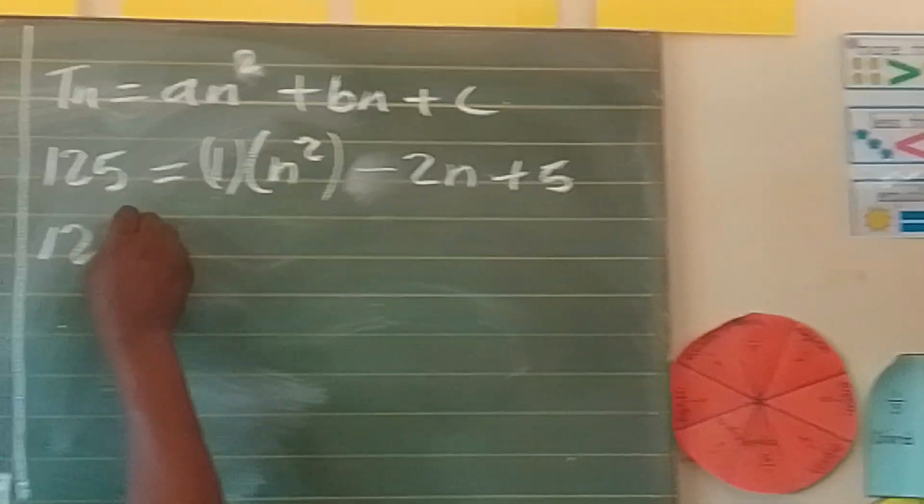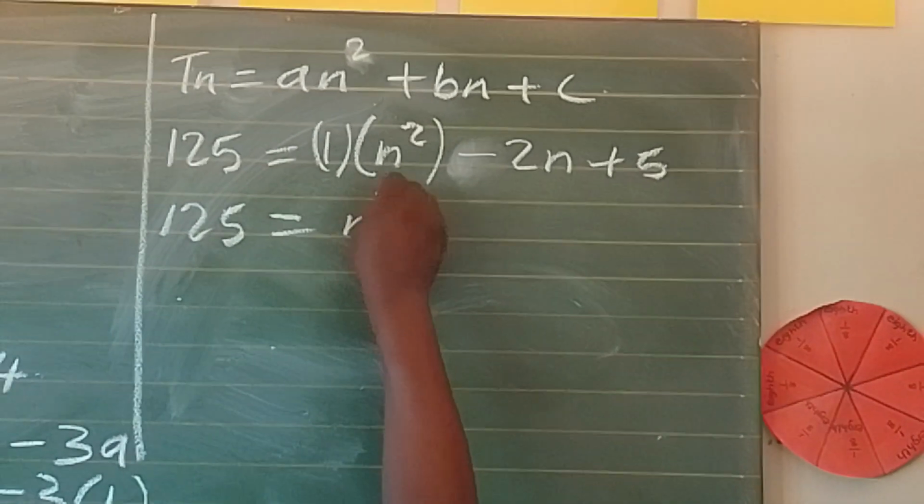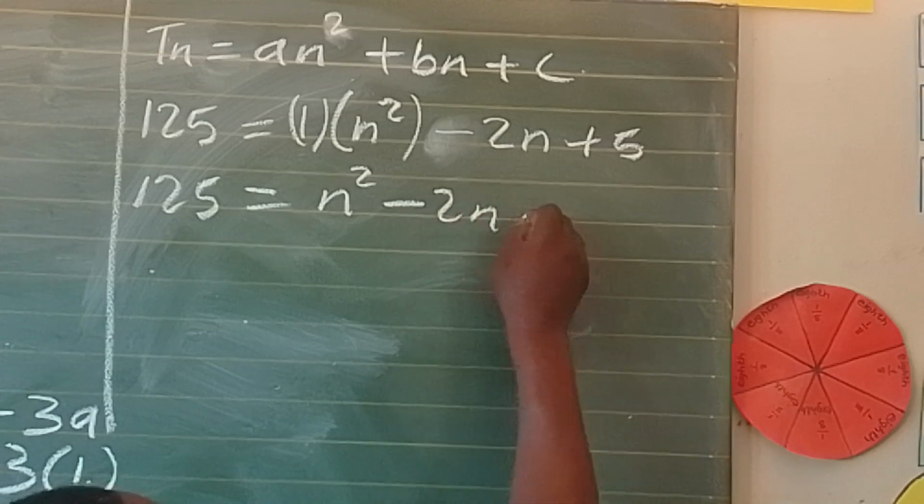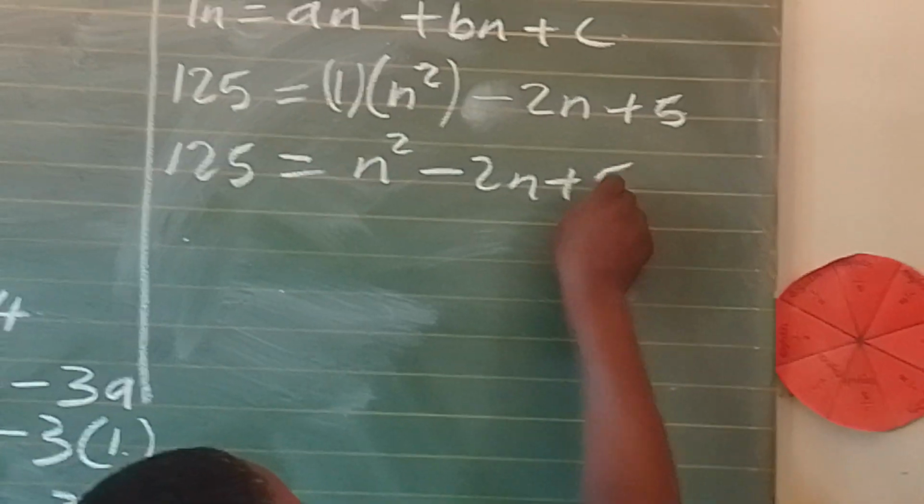Now it's 125 is equal to n squared minus 2n plus 5.